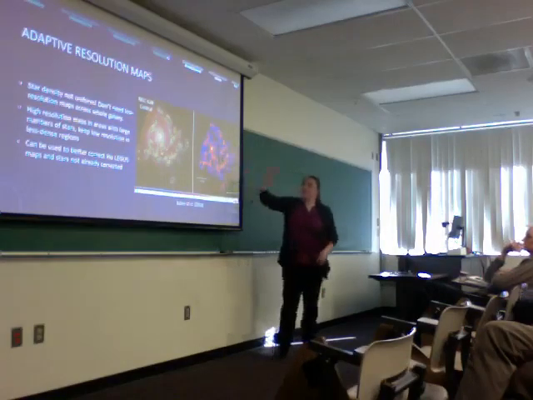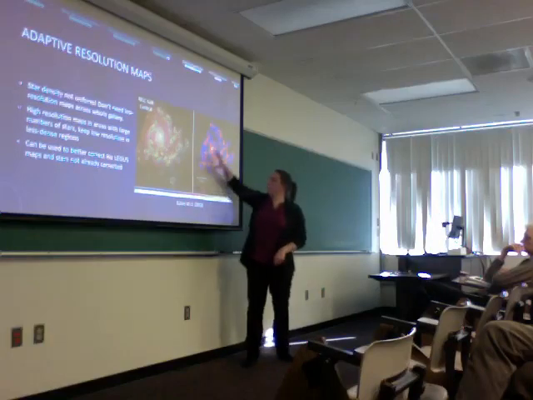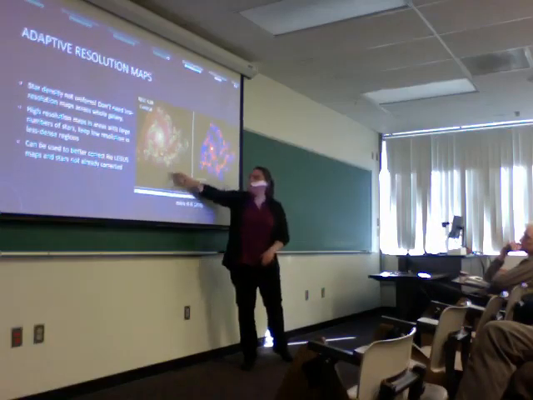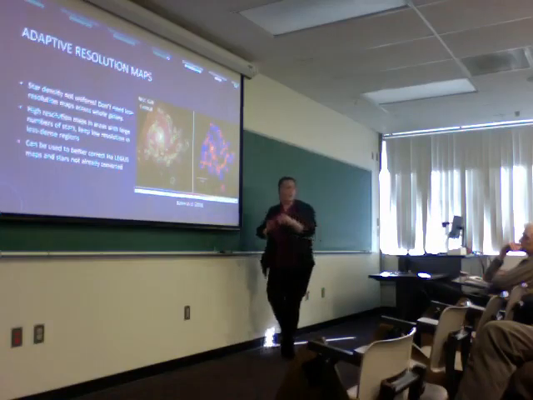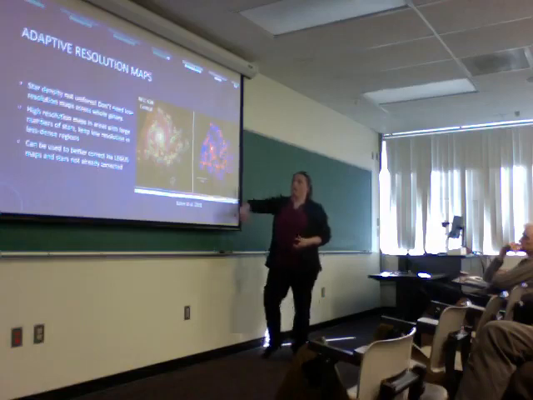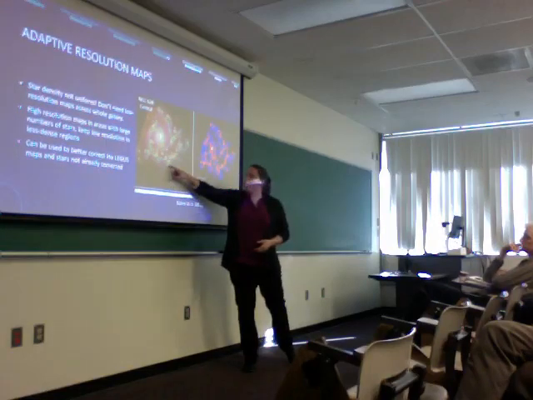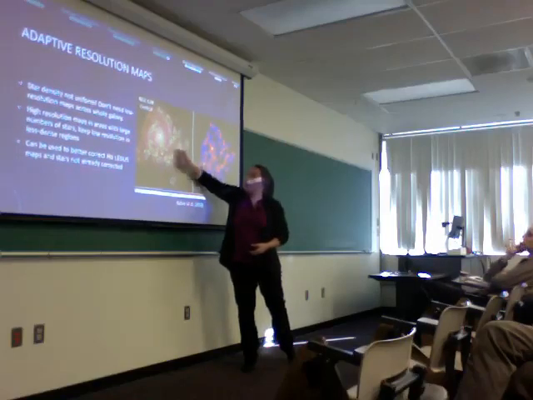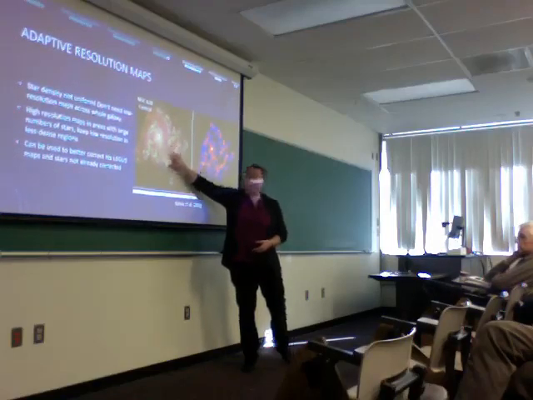But you can see we do a lot better here. So here on the right is the adaptive resolution map. On the left is a contour with contours at 20, 40, 60, and 80% of the maximum observed extinction for that map. And you can see we do a lot better. We are able to trace these spiral arms pretty well. So there's this gap here where you don't really see any extinction.